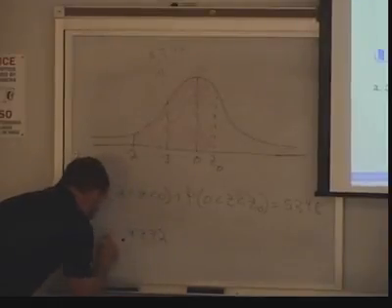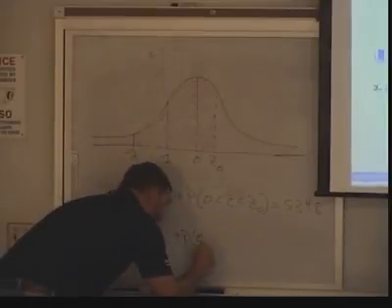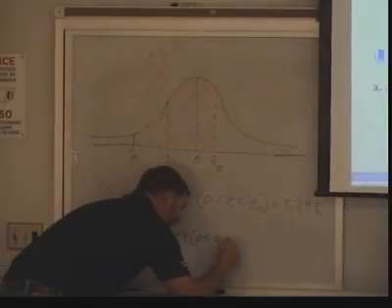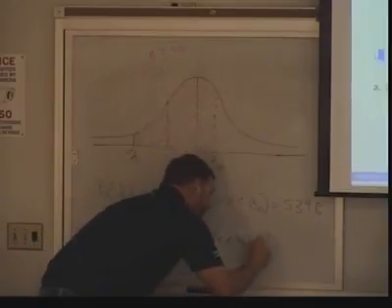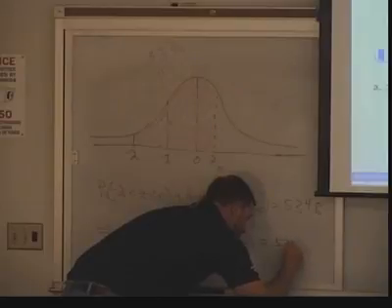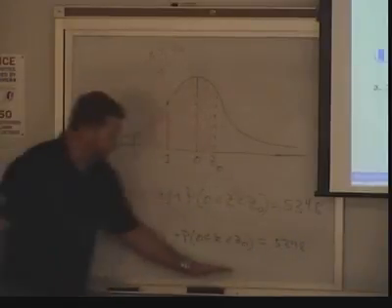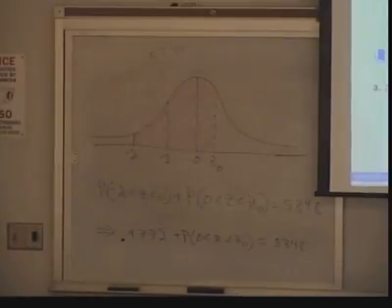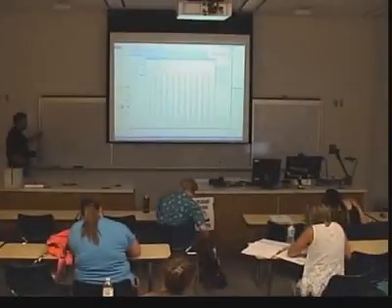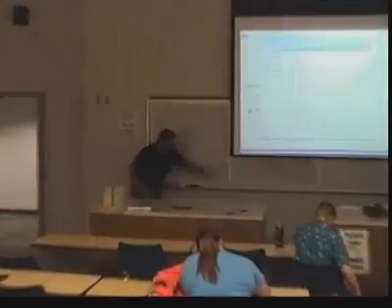I'm going to put an implication there. Plus the probability that 0 is less than Z is less than Z naught equals 0.5348. So what I need to do now is subtract off that 0.4772. Everybody see that? So I'm going to write this same line on the next board so I don't run out of room. All right, so here's where I'm at. So I'm going to write this bottom line.